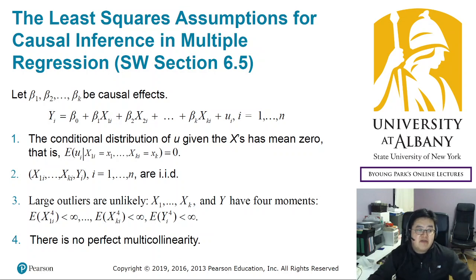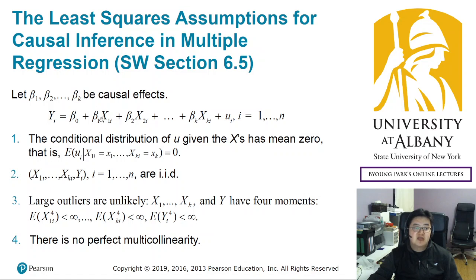The most general form of regression model is a model with k number of regressors like this. There is a dependent variable y, and it's determined by the intercept beta 0 and a linear function of k regressors. And each of the regressors has their own coefficient.